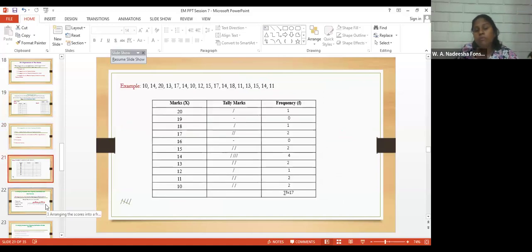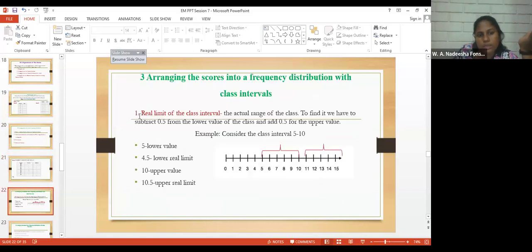But if the number of data points is more than 20, like 50, 100, 150, we can't tabularize the data like this frequency table. If there are 100 marks, then we have to put so many marks here. So it's not practical.